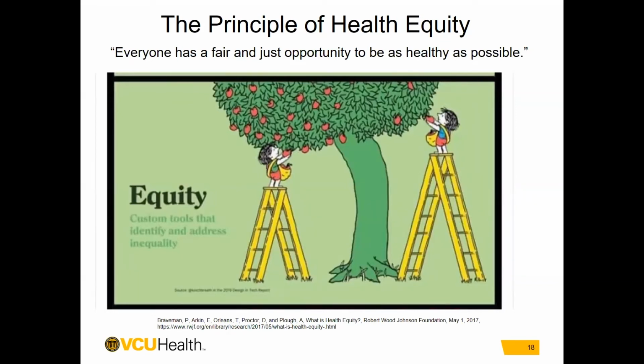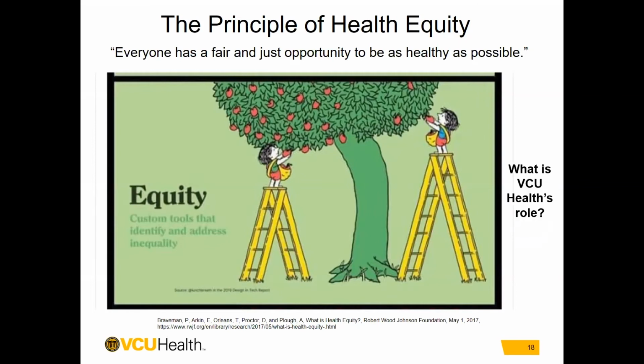So I'm going to start with the principle of health equity, which, as I've mentioned, is the idea that everyone has a fair and just opportunity to be as healthy as possible. So if you think about this particular frame that focuses on equity, the question that I would ask is, what can we do?